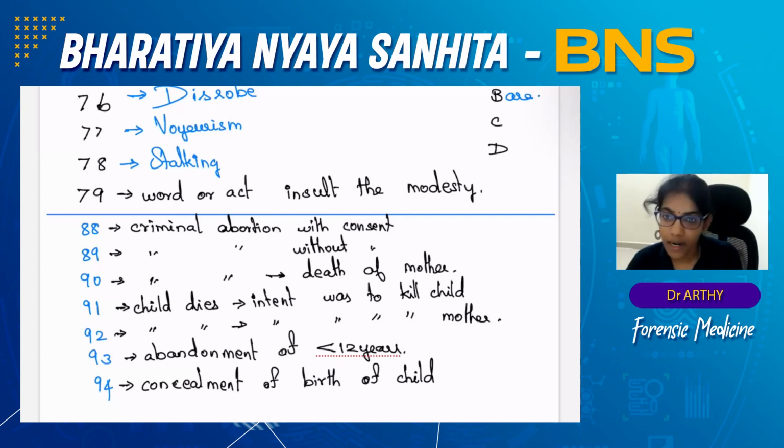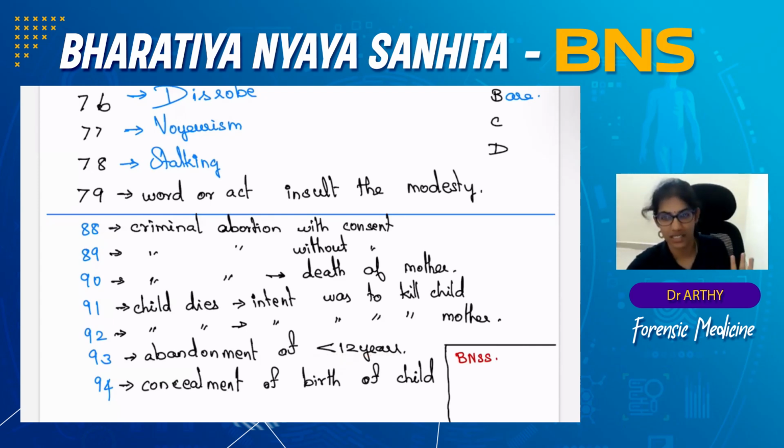Now, apart from it, the next act is the BNSS, Bharatiya Nagarik Suraksha Sanhita. In BNSS, I just want you to know three main sections. 194, police inquest. 196, magistrate inquest.